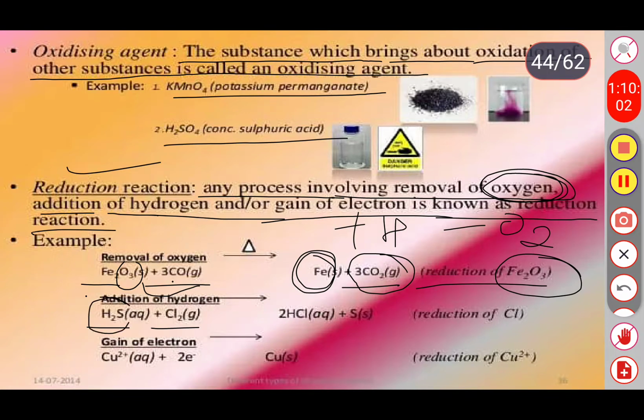The addition of hydrogen to a chlorine atom is also called a reduction reaction. So in the reduction reaction we are gaining electrons, and in the oxidation reaction we are losing electrons. Okay, see next slide.